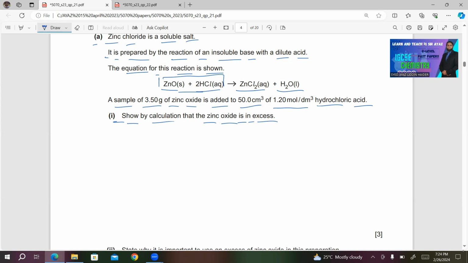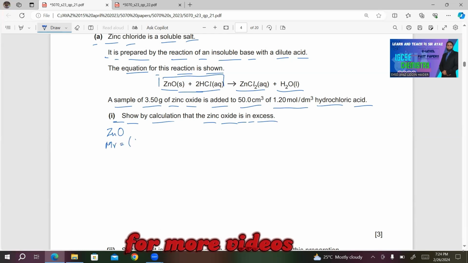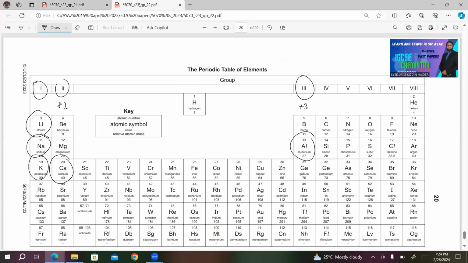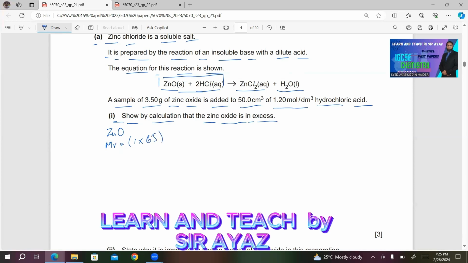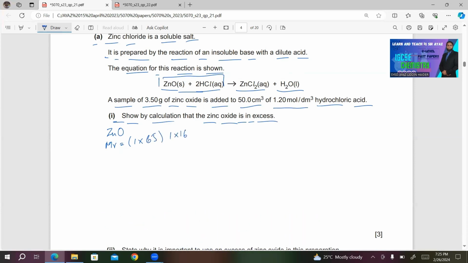The formula of zinc oxide is ZnO. So MR for ZnO will be 1 atom of zinc, so 1 multiplied by, where is zinc? Here is zinc, the mass is 65. What about oxygen? Here is oxygen, the mass is 16. 65 plus 16, as we have only 1 atom of both of these elements.